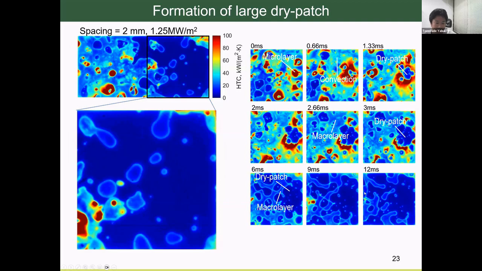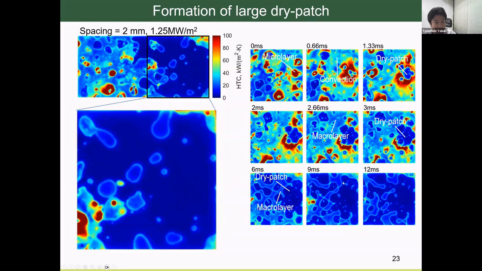And after this, the large dry patch was rewetted by the liquid, rewetted after the departure of the large mushroom bubble. We don't have data or information about boiling crisis now. And so now we are doing an experiment to investigate the relation between macrolayer behavior and critical heat flux.